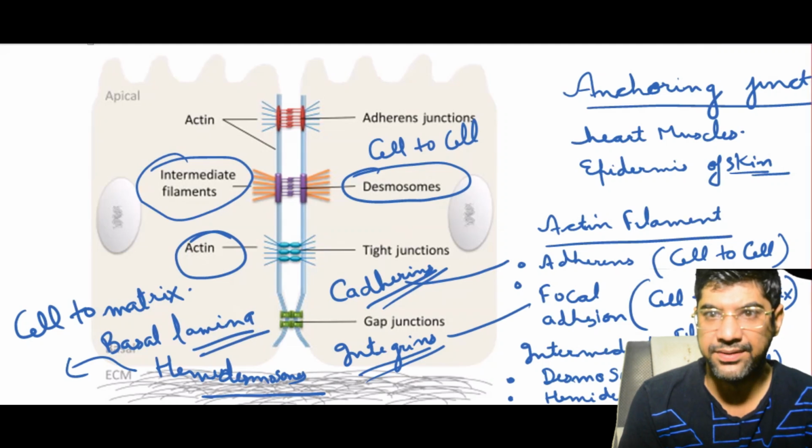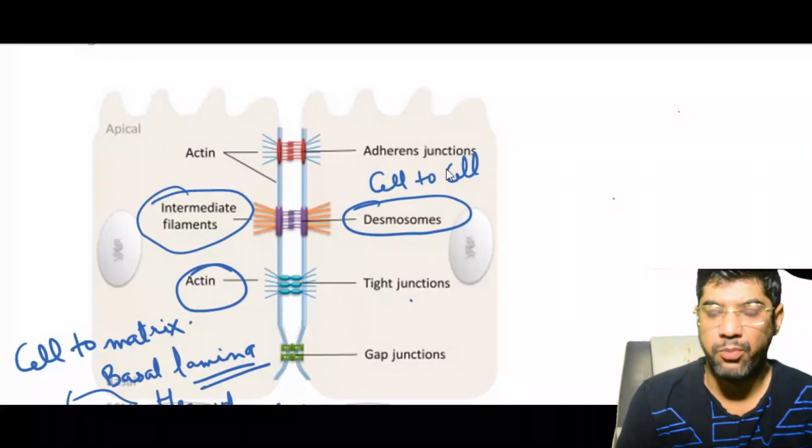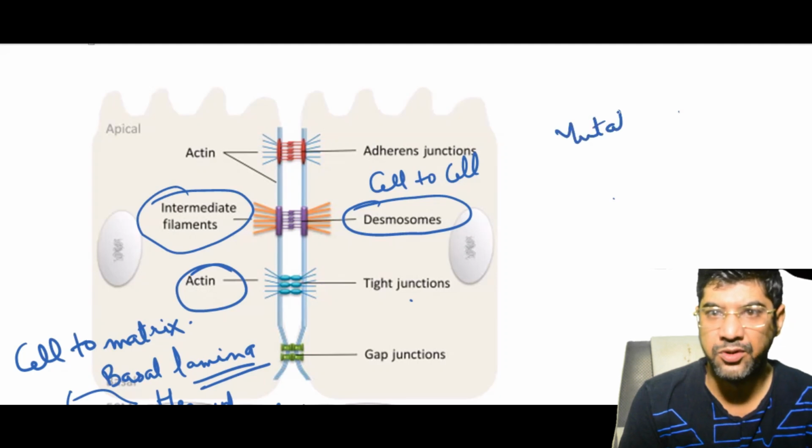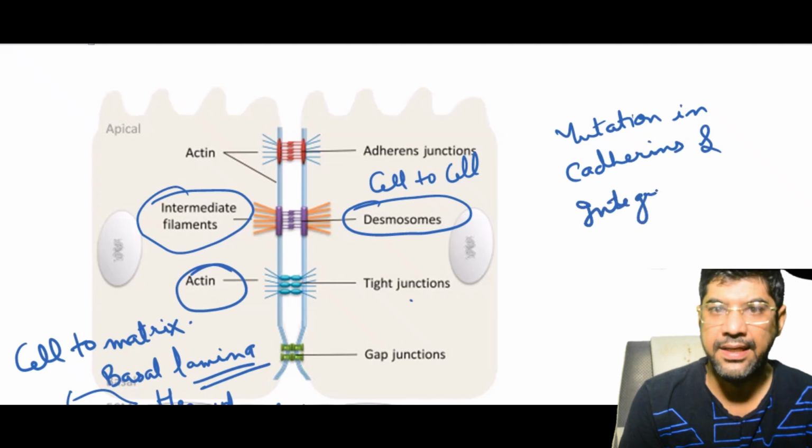Loss of proper cell adhesion allows cancer cells to spread from their primary site to other parts of the body. Bullous pemphigoid is an autoimmune disease where antibodies develop against the cadherins in the desmosomes and integrins in the hemidesmosomes. That results in weaker attachment between the epithelial cells, which leads to blistering eruptions on the skin.